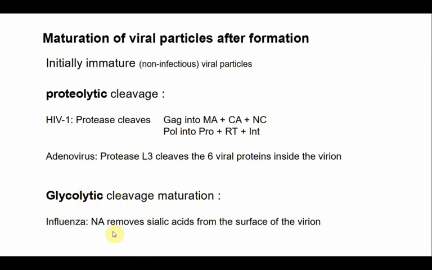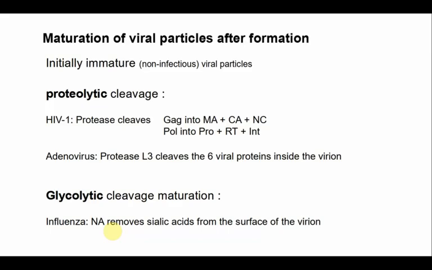With influenza virus, one thing that happens is that neuraminidase will remove the sialic acid from all the glycans on the glycoproteins on the surface of the virus. That's important because otherwise they're just going to stick to each other, right? The hemagglutinin will bind to sialic acid on glycoproteins, but it's also a glycoprotein itself.